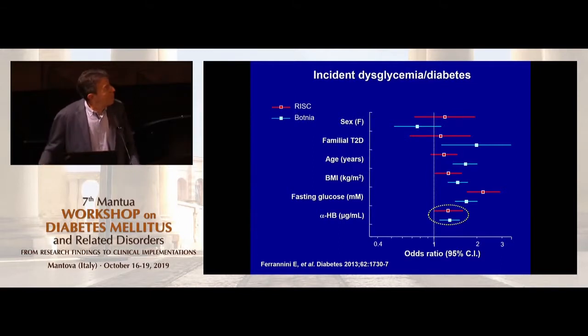So now we have a model to explain why this molecule is increased, and this has now been confirmed in other studies. And in the studies where you don't find it, is because you didn't look for it.